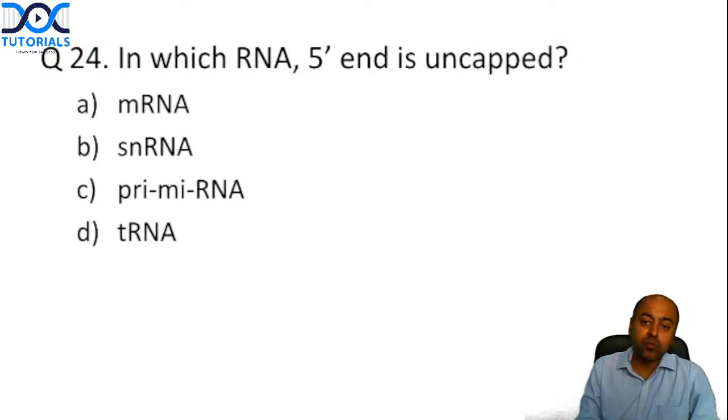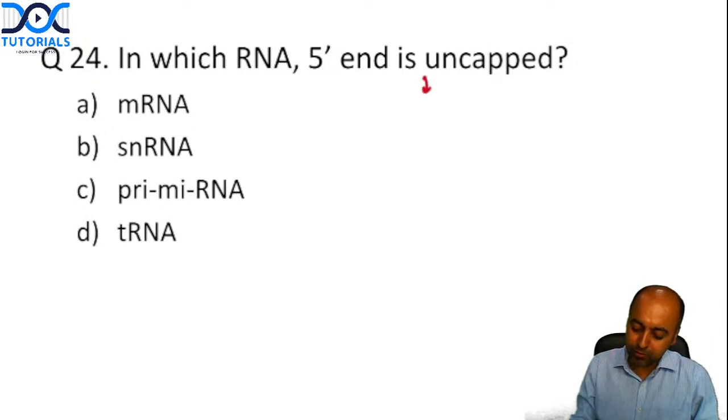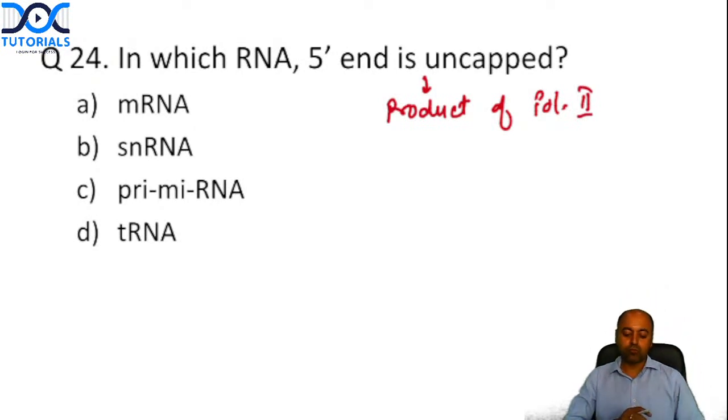Question number 24, in which RNA is the 5' end capped? So here you have to remember the 5' end is capped in a product of polymerase 2.